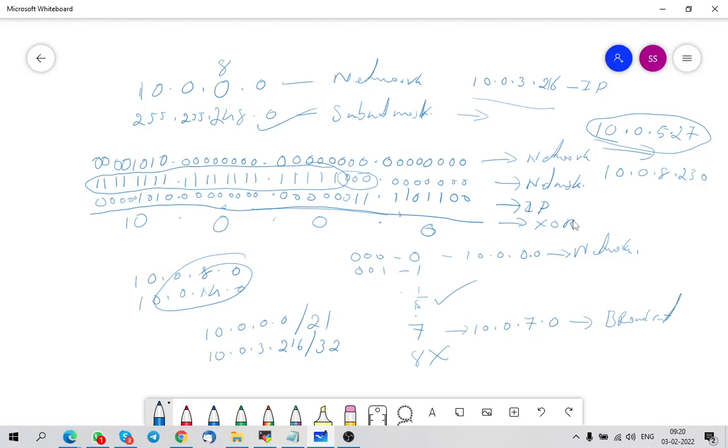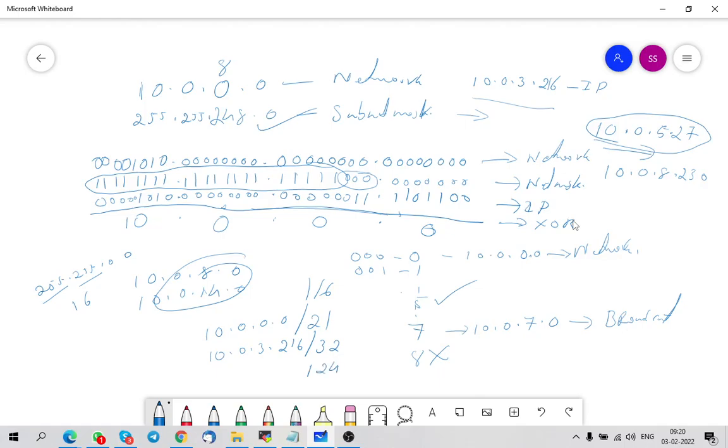So similarly, we can find out that if the first 2 are 255, it is like 255.255.0.0. You can see here 8, here 8. So total 16. So in that case, it can be like /16. So like that it will be representing. So if all 3 are 255, we can say /24.